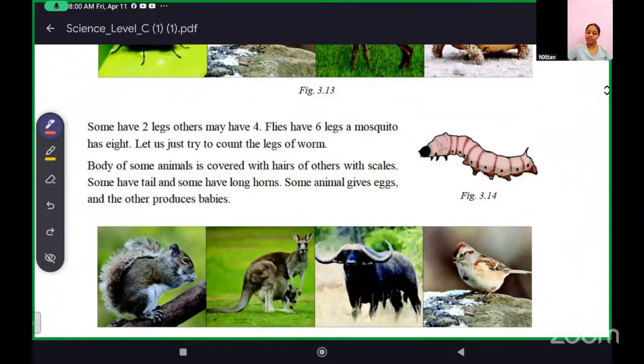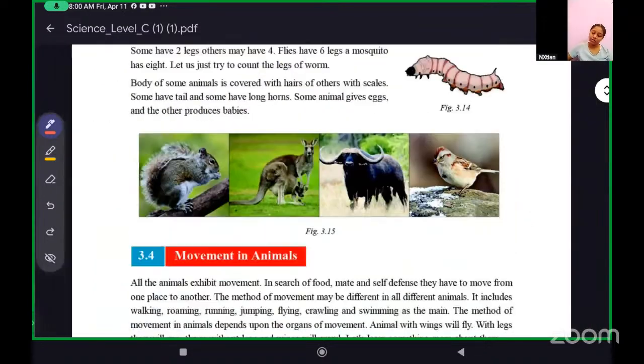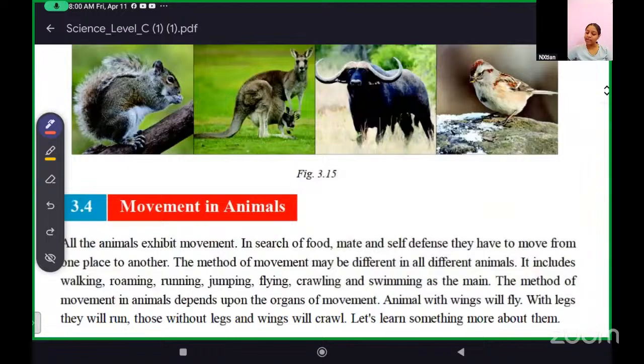Some have two legs, others have four legs. Flies have six legs, mosquito has eight. But what about a worm? Worm also has many legs. The body of some animals is covered with hairs, while others with scales. Some have tails, some have long horns. Some animals lay eggs, and some animals produce babies. So this is the diversity.